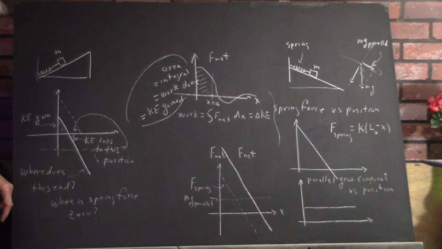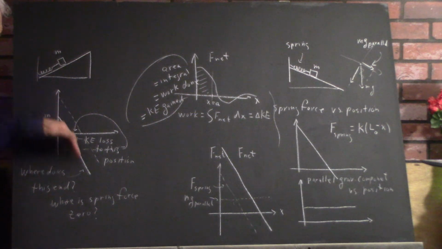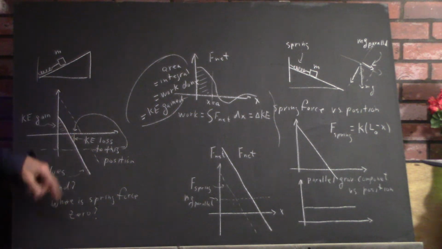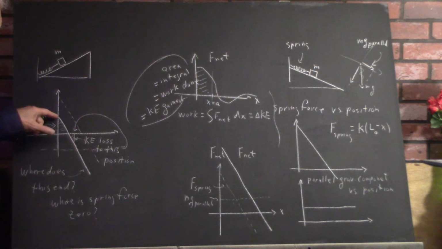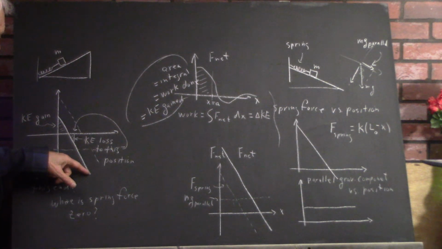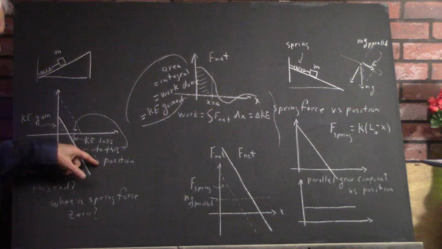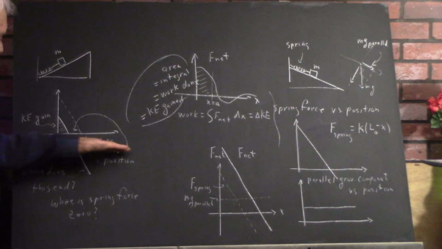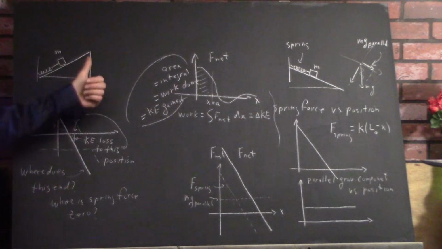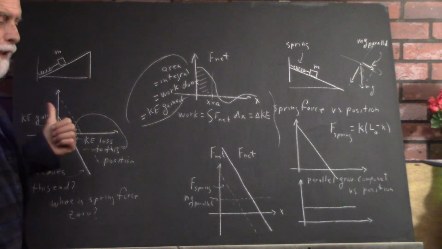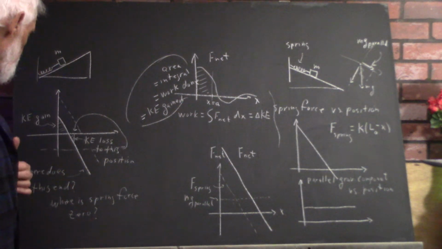So the question is, first of all, where does this graph end? This implicitly being the net force, this being the spring force, and this dotted line being the constant gravitational component parallel to the incline.